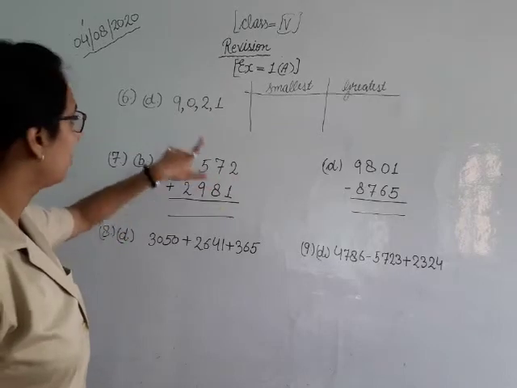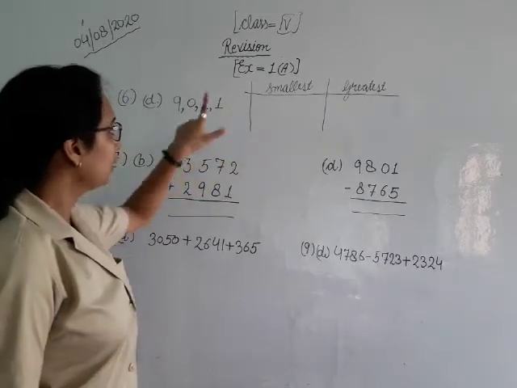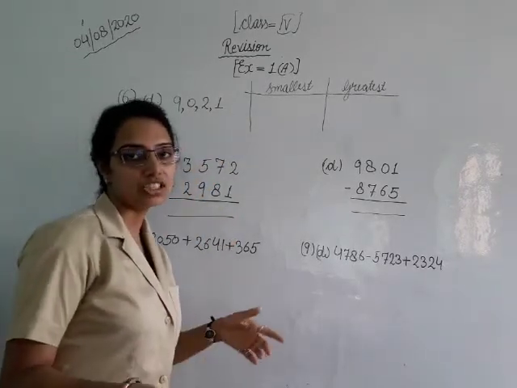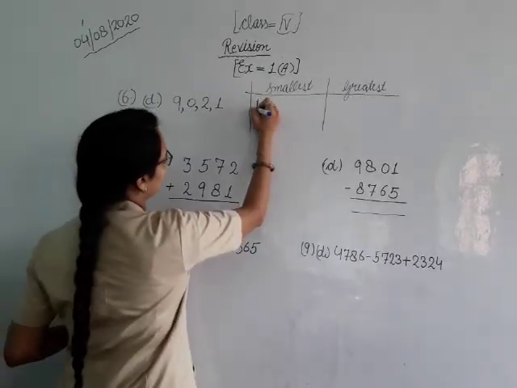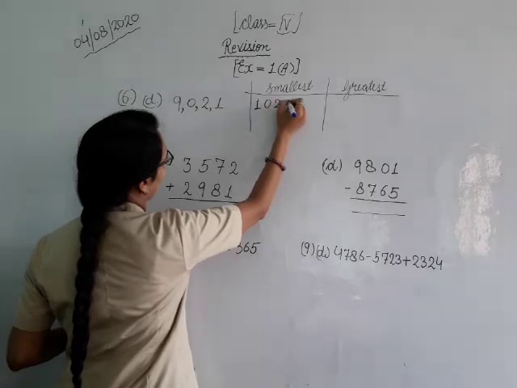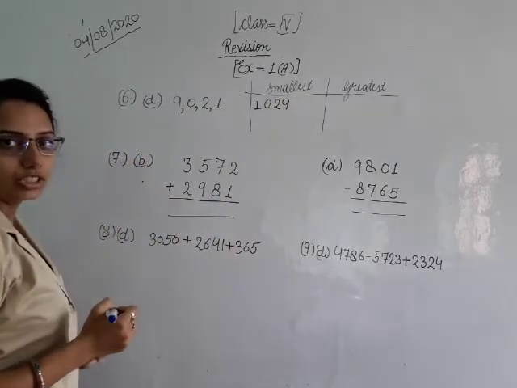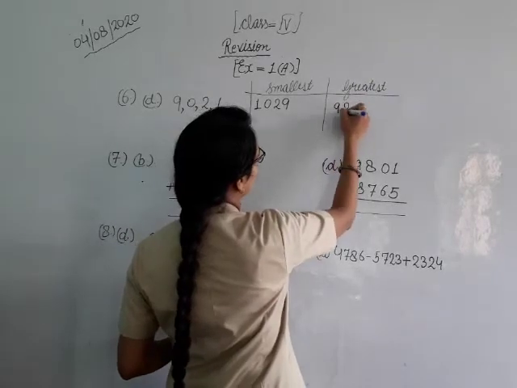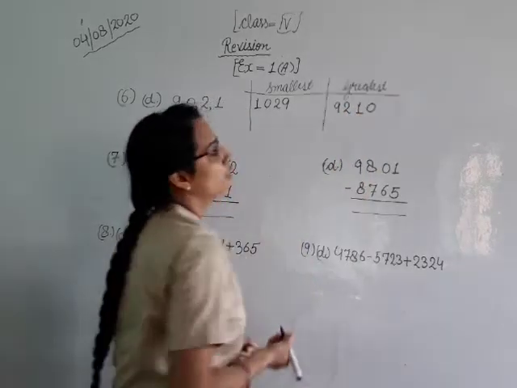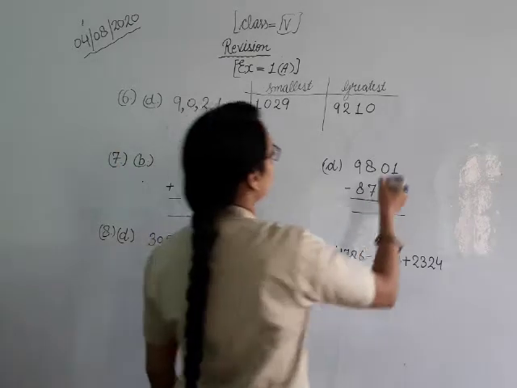And if we put 0 at first, then it will not be a 4-digit number, it will be a 3-digit number. Okay, this thing we have to keep in mind. So first of all we will write 1, then 0, 2 and 9. Understood? This is the smallest number and the greatest number is 9, 2, 1, 0. Understood? This is your answer.